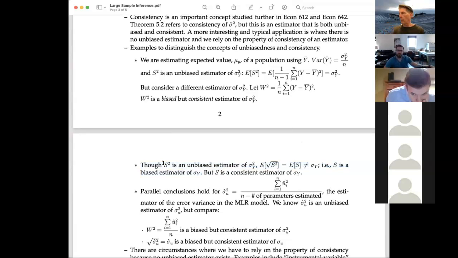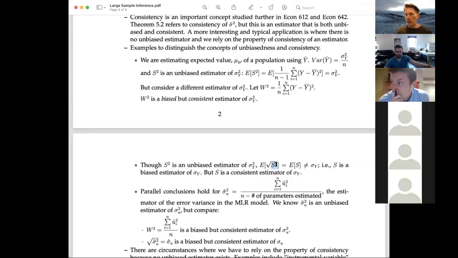We didn't show, we relied on Wooldridge, but we know S squared is an unbiased estimator of the variance of y. Good enough. The sample standard deviation is obtained from taking the square root of S squared. That's our sample standard deviation. This is sample variance. This is sample standard deviation.